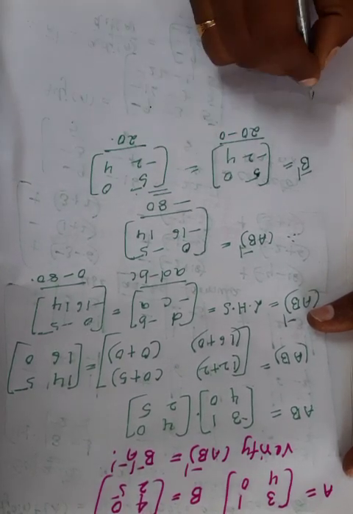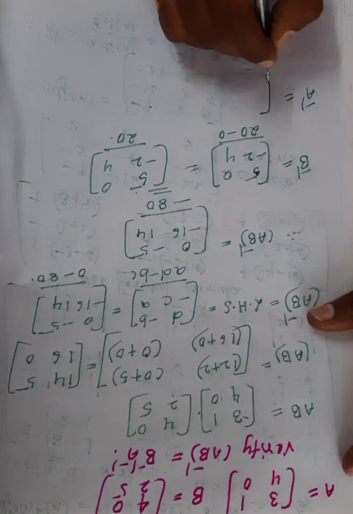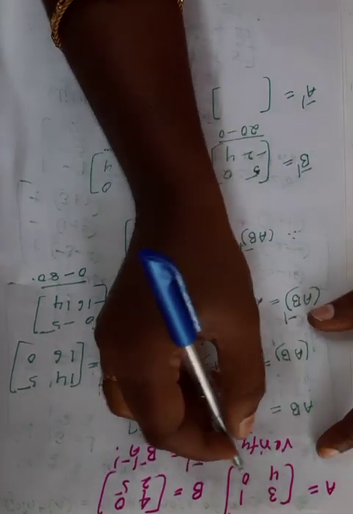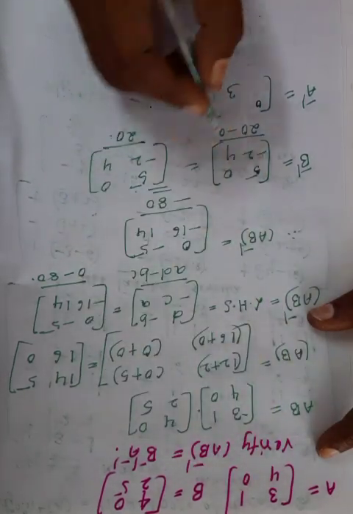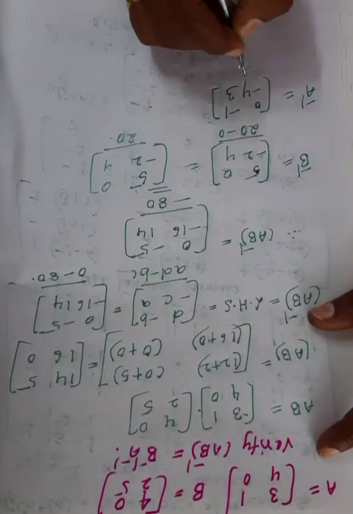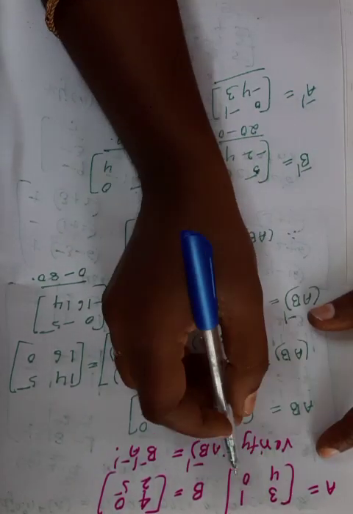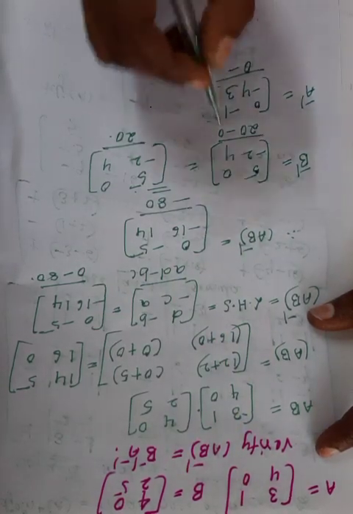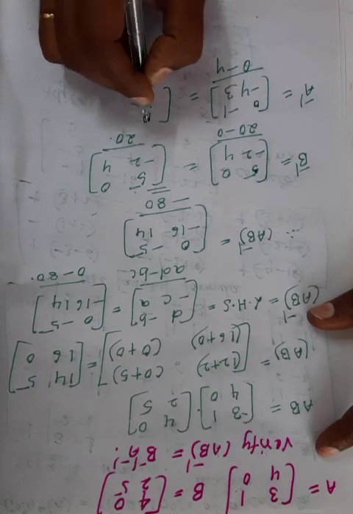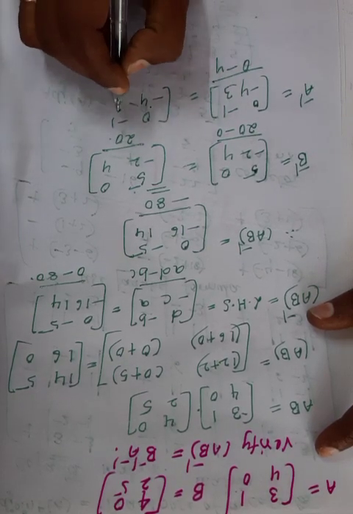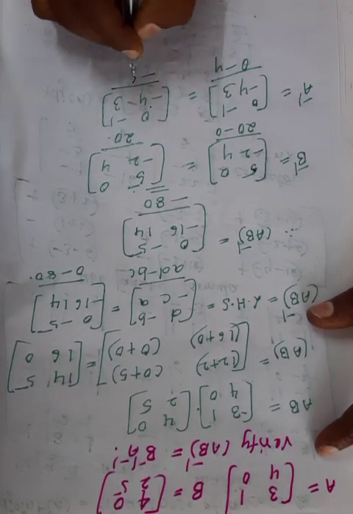Then A inverse is equal to: 0 and 3 should be interchanged, 1 and 4 should be multiplied with minus, by AD minus BC, which is 0 into 3 is 0, minus 4 ones are 4. Therefore, 0, minus 1, minus 4, 3 by minus 4.